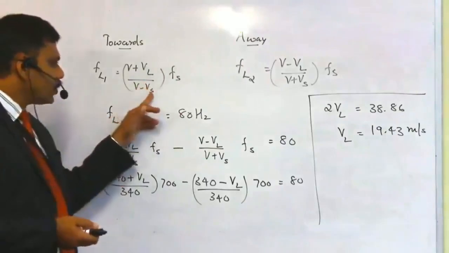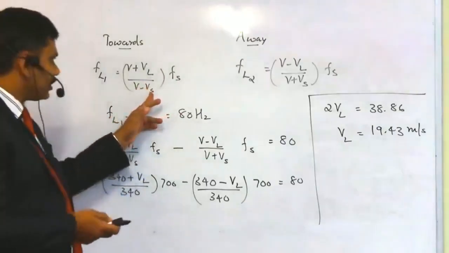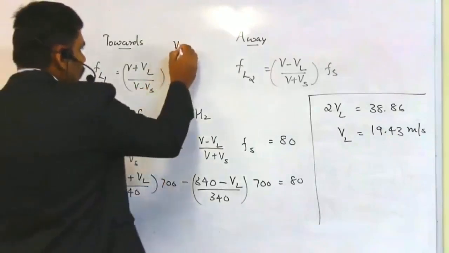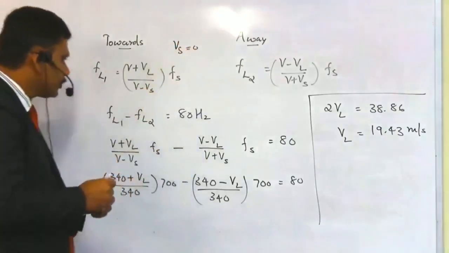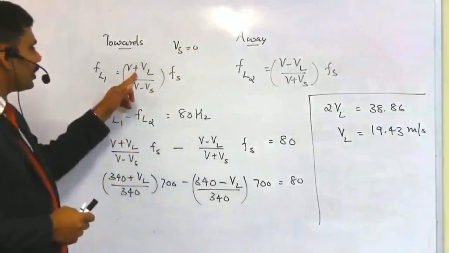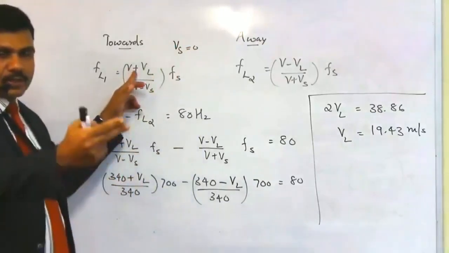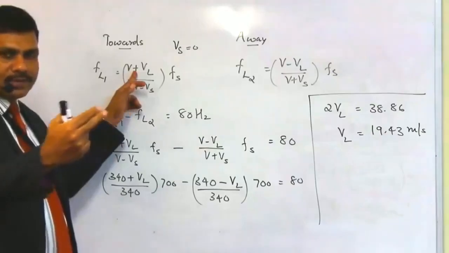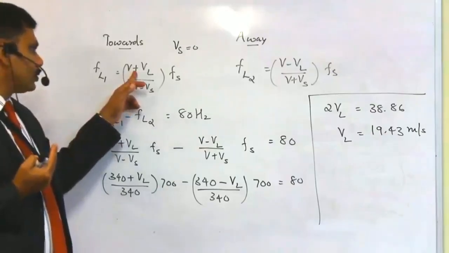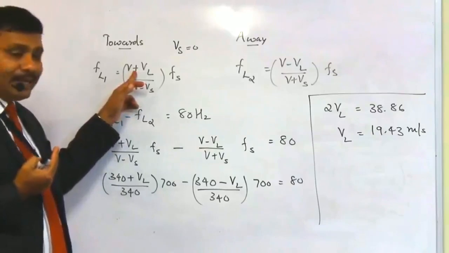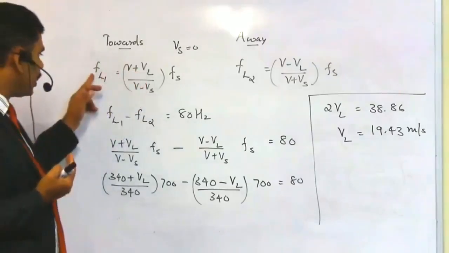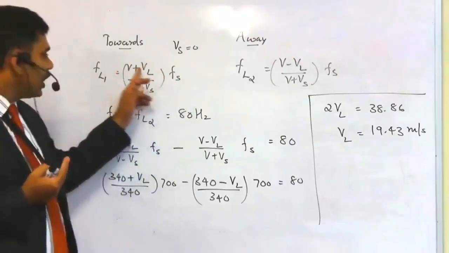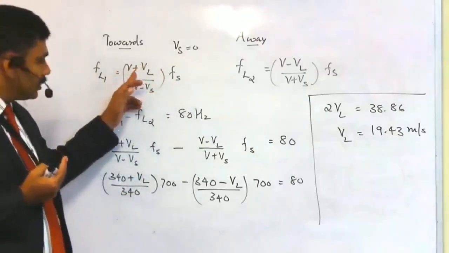Here the source is the ambulance, which is at rest, so Vs will be 0. The numerator is plus because the listener is moving towards the source, so the frequency heard by the listener will be more than the actual frequency.